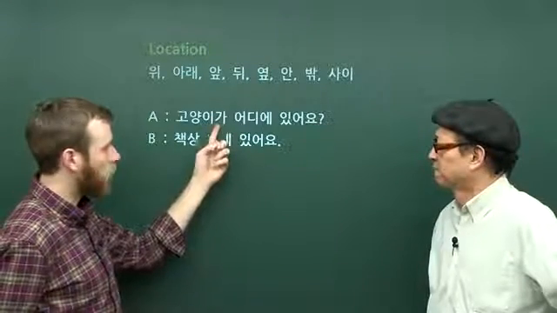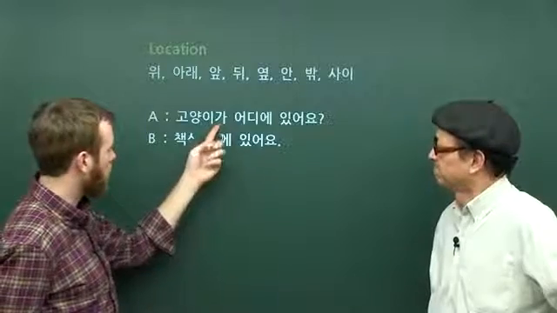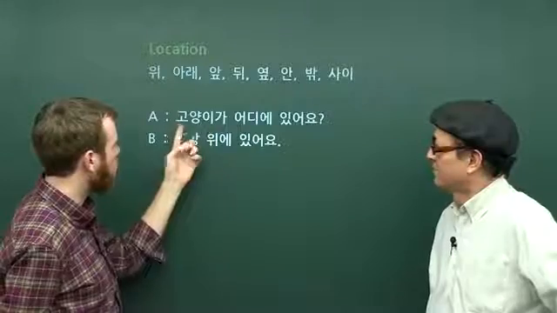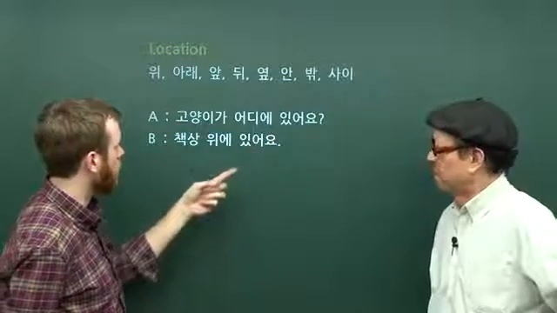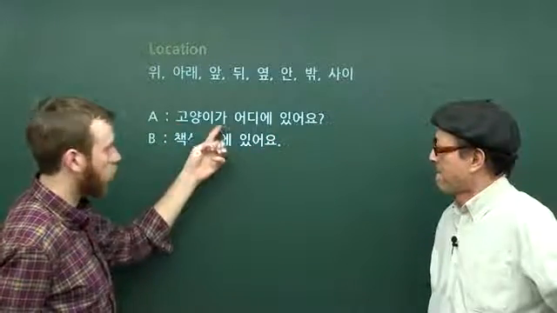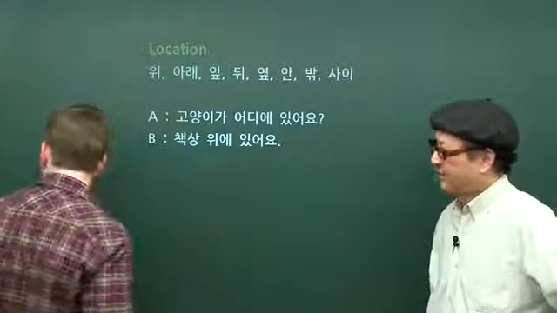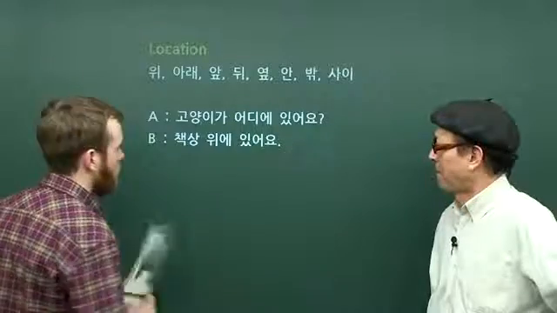Again, our marker here, we use 가 to say what is on the desk, or what are we looking for. So 고양이가 어디에 있어요? Now, I think we can probably omit this 가 as well. 고양이 어디에 있어요? So we won't always hear 가.